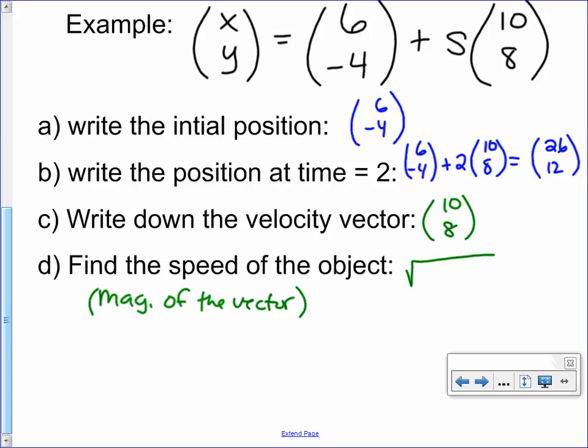No, because velocity takes into account direction as well, right? All right. So this is the square root of 10 squared plus 8 squared, which is the square root of 164, which is about 12.806. So to find the speed, just find the magnitude of the direction vector.